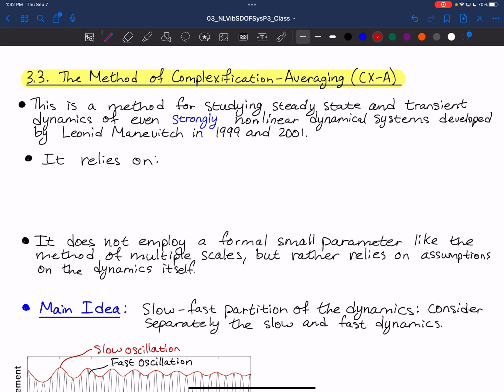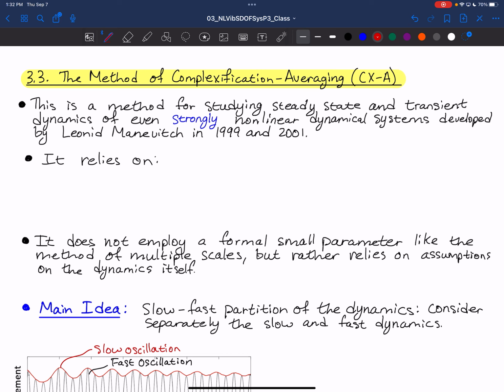And it was developed by Leonid Manevitch in the early 2000s. His implementation is a little bit different than what we do. He does eventually introduce small parameters and then does an expansion based on that. We are going to not do that at all. We're going to study something without any weak nonlinearity in it.